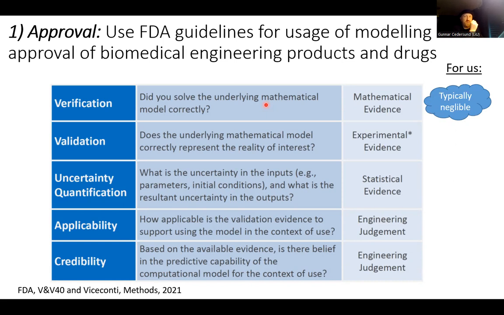But what I did talk about a lot is how to use validation data, how to use data to check if the underlying mathematical model actually represents reality. And this is where we go beyond simulations, because you need to compare the simulations with new data that the model hasn't been trained to. Here we need experimental evidence.